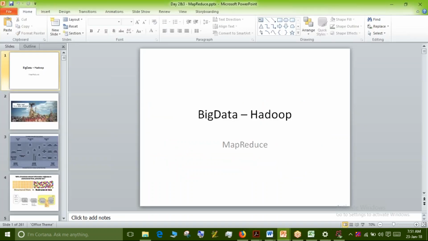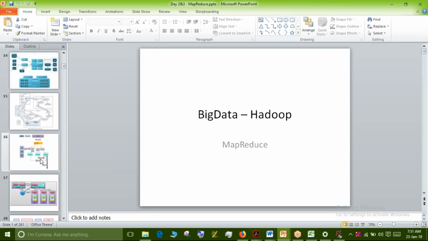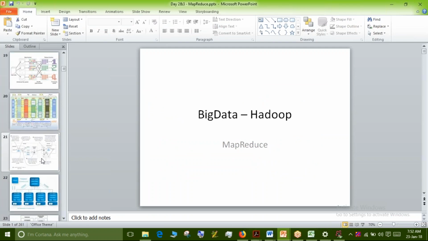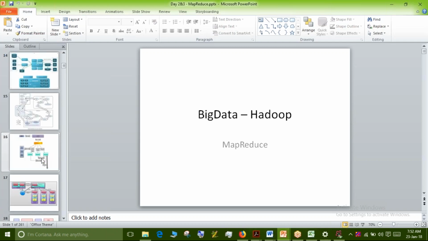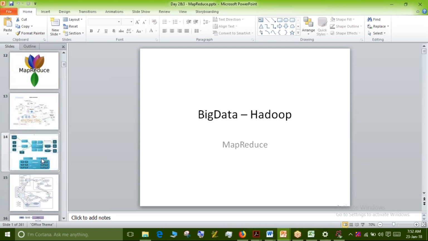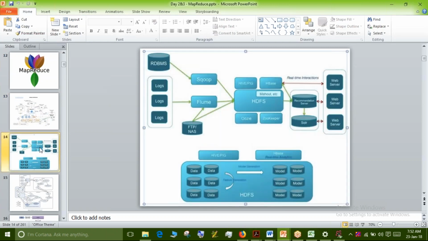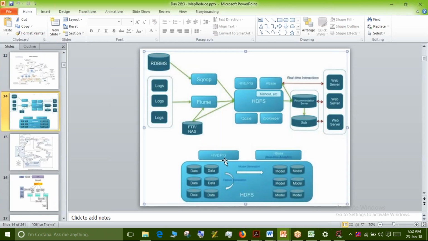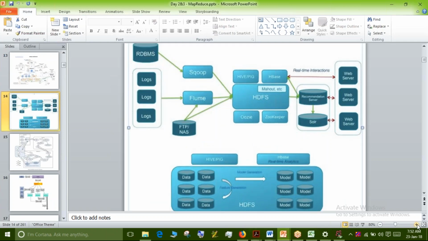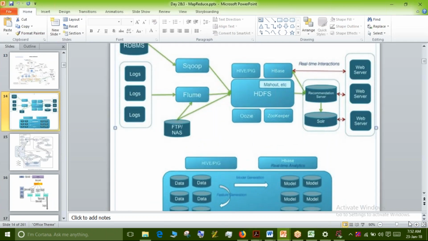Until and unless you have a sound understanding of MapReduce, it's always going to be Greek and Latin for you. So this is the big picture.